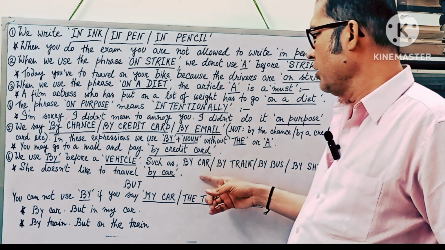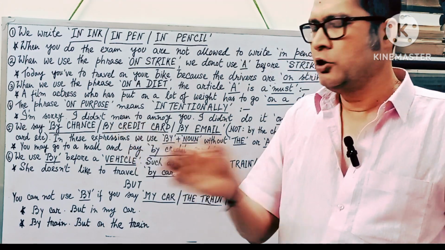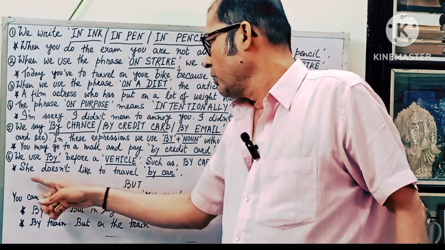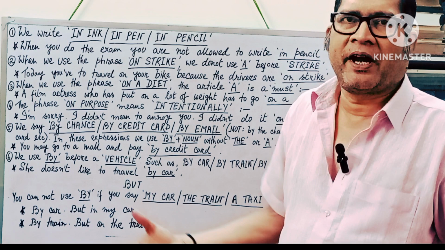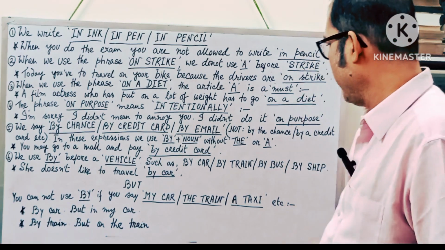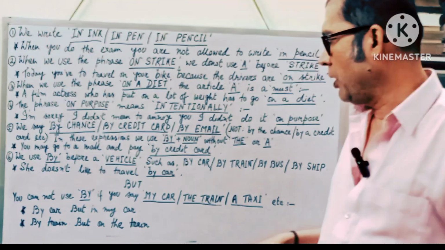Okay. So remember this formula: by plus a vehicle. No other article. She doesn't like to travel by car. She wants to travel by train. Do you want to travel by taxi? Okay, all right. No problem.